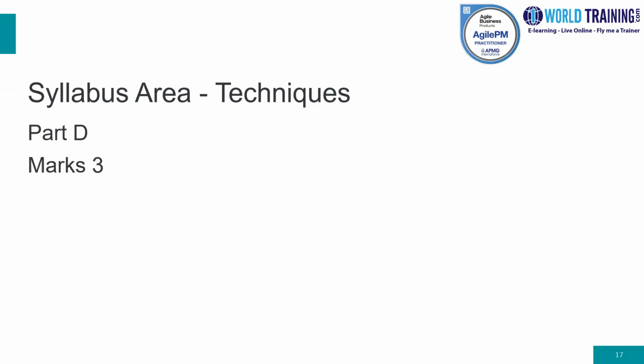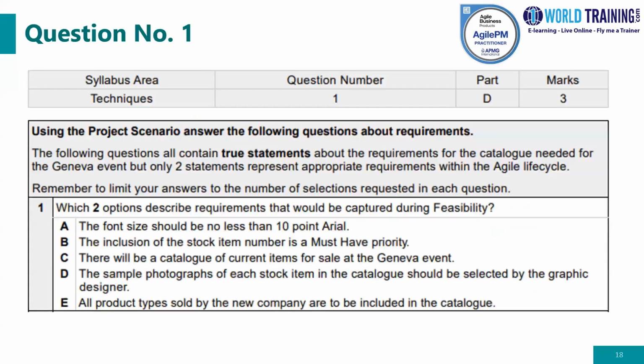Then we move on to part D of question number 1. So part D, again over here, is not prompting you to go to any additional information, but you could just use a general scenario and answer the questions about requirements. Again, this is a question where you need to get 2 of the options right.